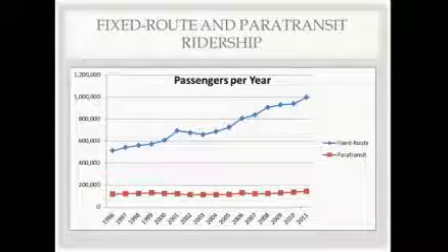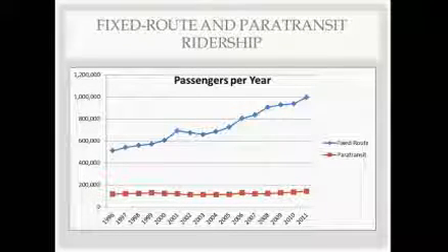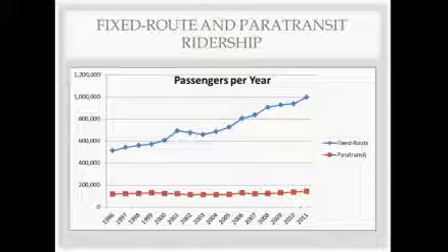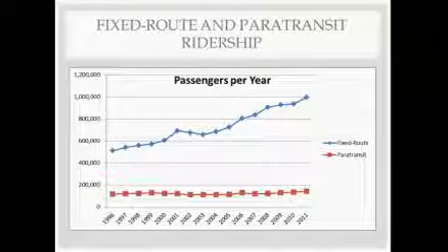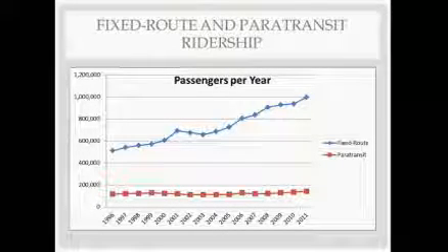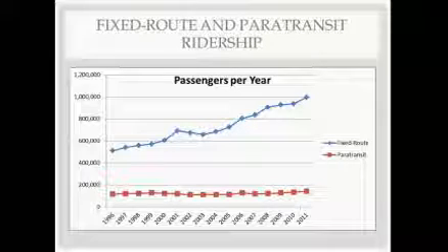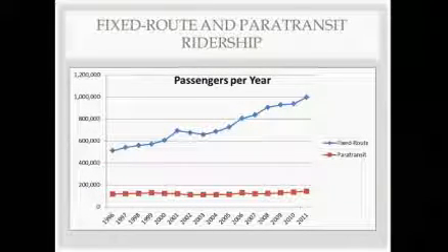Here's a little bit of information about fixed route and paratransit ridership. Since 1996, the trend in fixed route is that we've just about doubled our ridership. You can see it was about 500,000, and just this past year, we were over 1 million riders on the fixed route system. So we've had really great increases on the fixed route system.